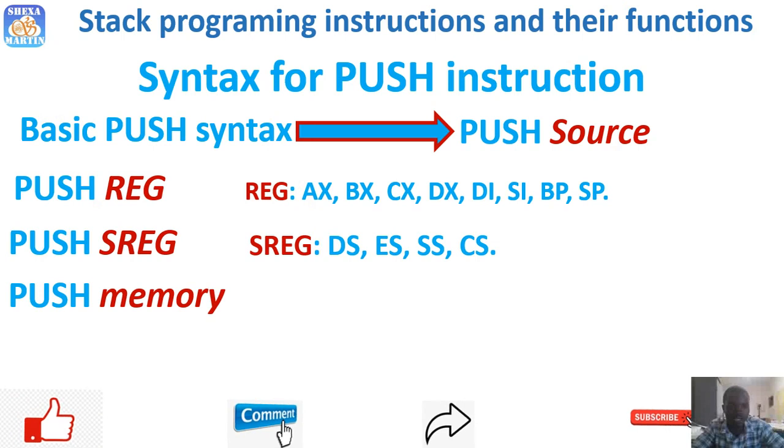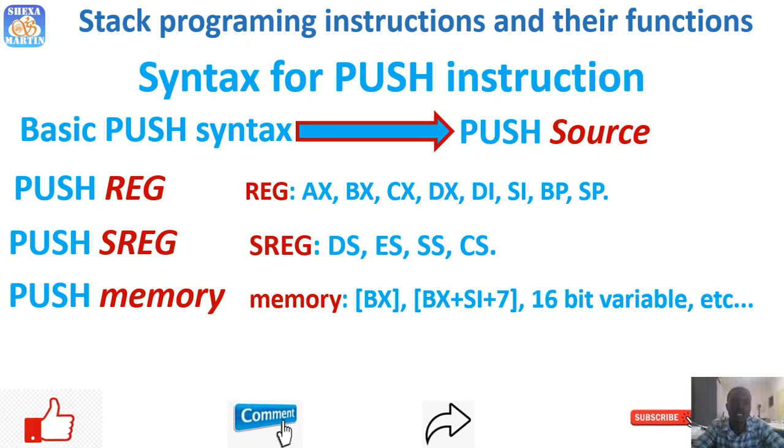And then we have this, you can push data from the memory. You know how to access memory. Like I said, whenever you see the square brackets, you must know that we are now accessing memory, and whatever is within those brackets represents the effective address, which is the memory location. Right, so here are some examples of memory locations.